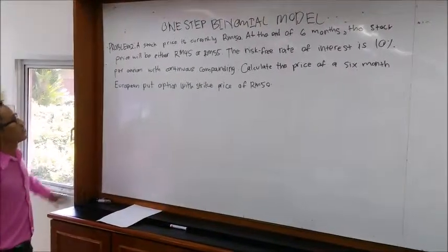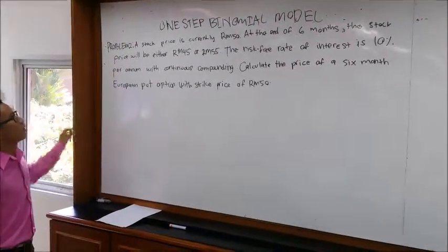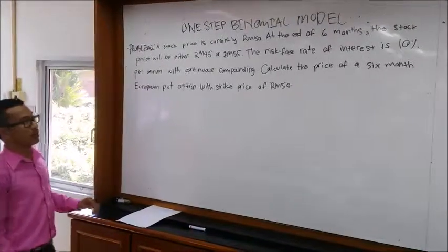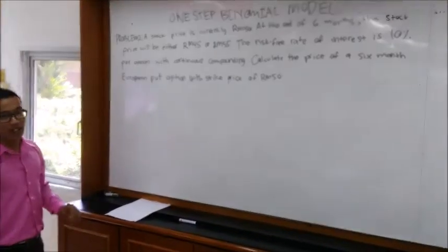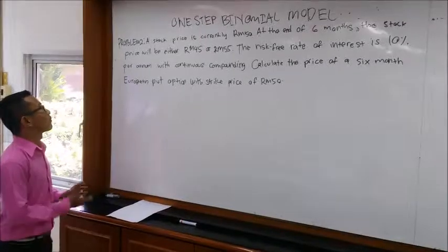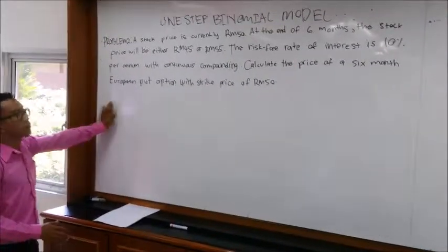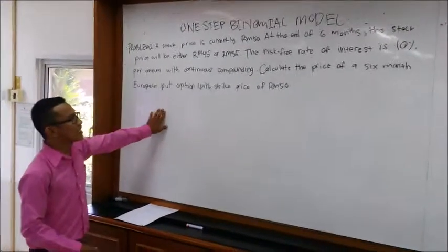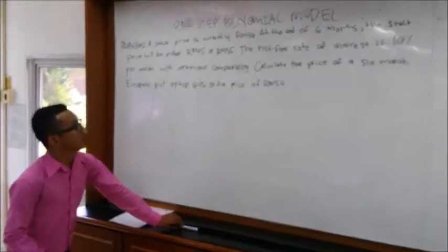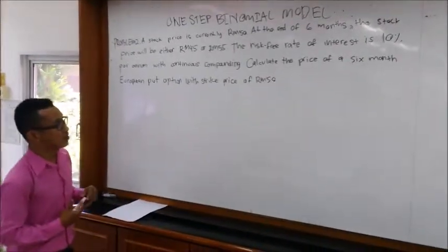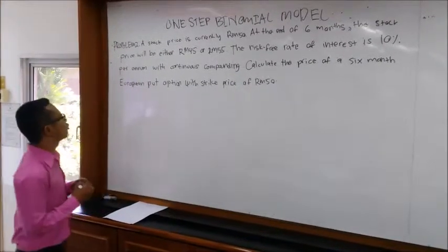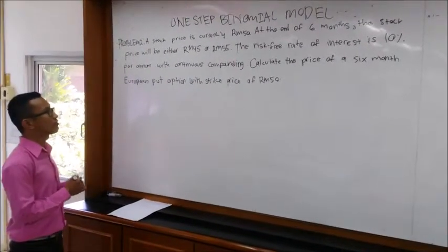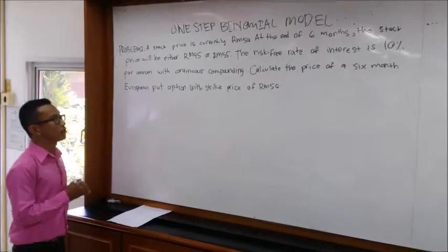Today I will explain about the one-step binomial model for stock and option price. For problem 2, the stock price is currently RM50 and at the end of 6 months the stock price will be either RM45 or RM55.